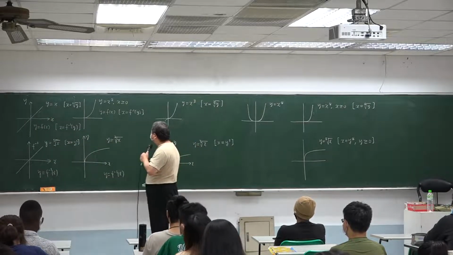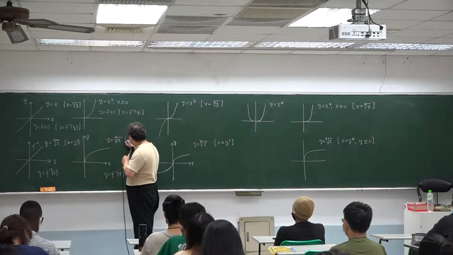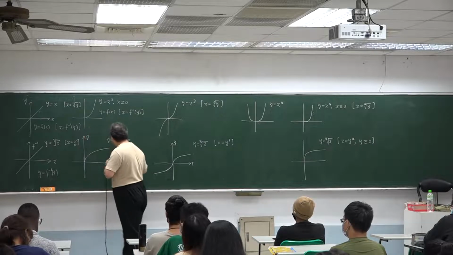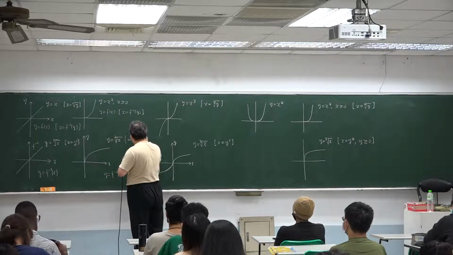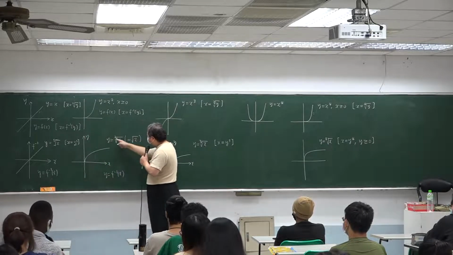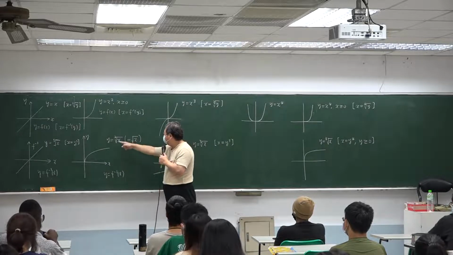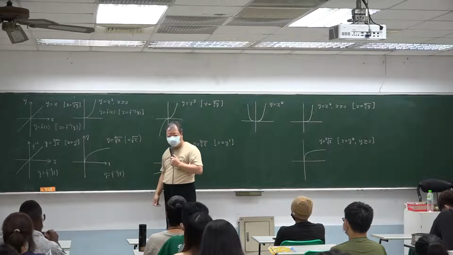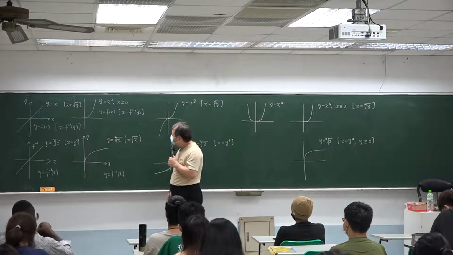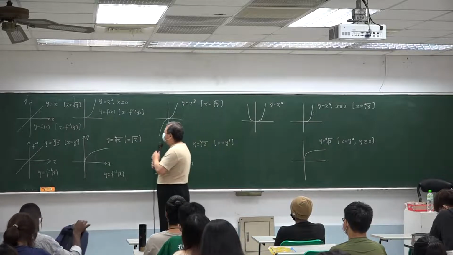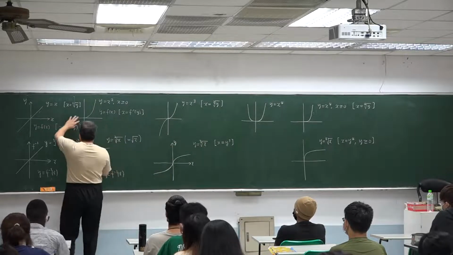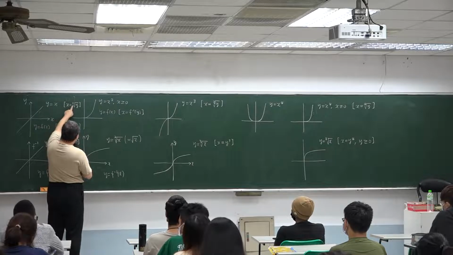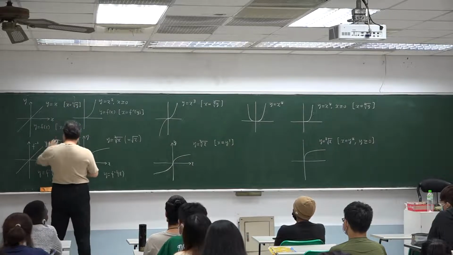Here we omit the 2. When the root exponent is 2, we almost always omit this 2. And we almost never use this notation because this is 1. This is x.